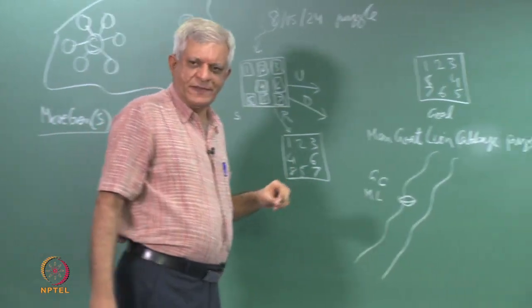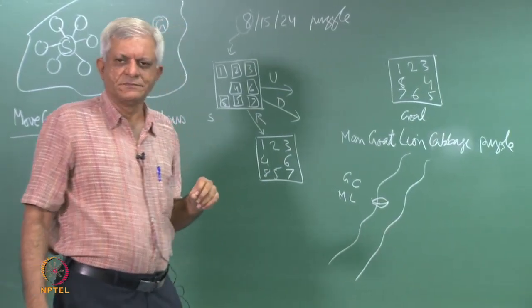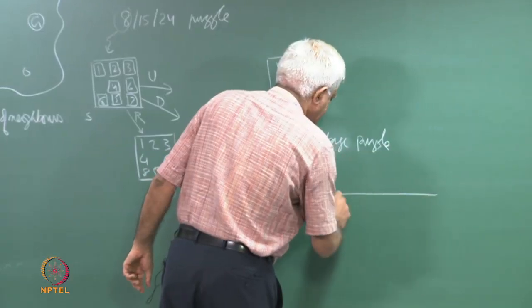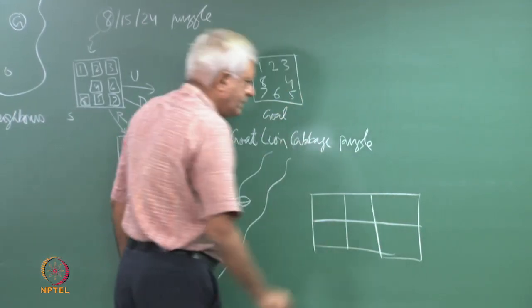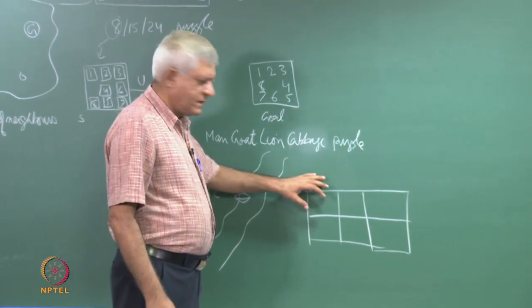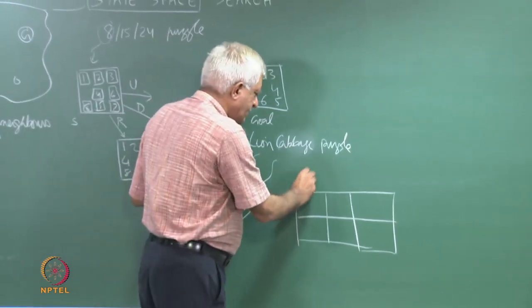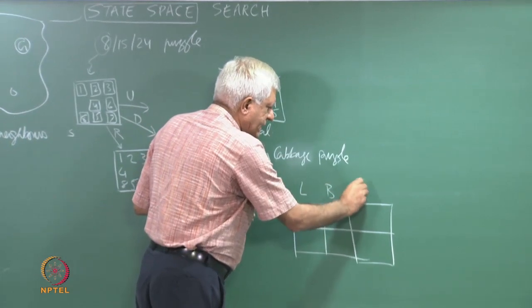A 3 cross 2 array. Why 3? Why not 4? Oh, okay. So, you are saying that I have an array like this, and this stands for left shore, this stands for the boat, and this stands for the right shore.